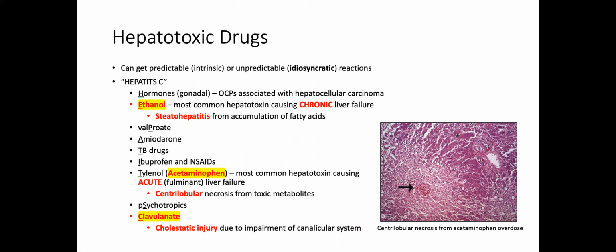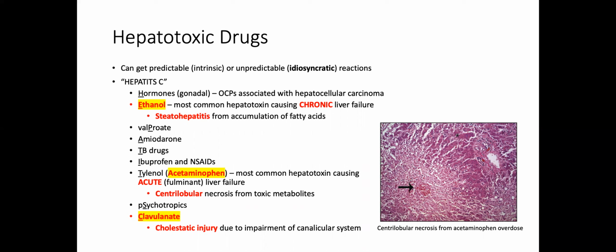So hormones, ethanol, valproate, amiodarone, TB drugs, ibuprofen, NSAIDs, Tylenol, and psychotropics, and clavulanate, like Augmentin, which is amoxicillin-clavulanate. That's where that comes from. These are all hepatotoxic drugs. So the most common that I would know are ethanol, Tylenol, and maybe clavulanate.